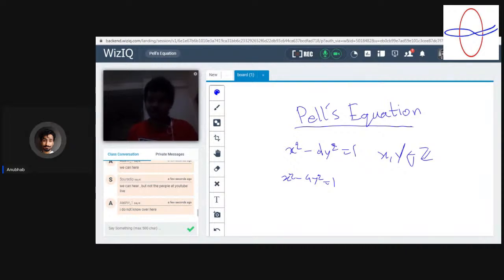As I was saying, we'll study Pell's equation today. People have debated whether it should actually be called Pell's equation because Pell never really solved or studied this equation for the first time.